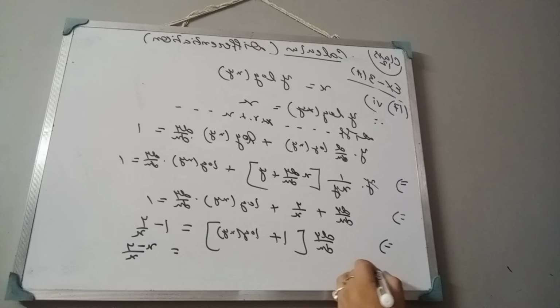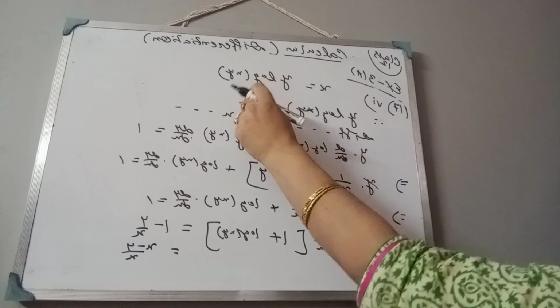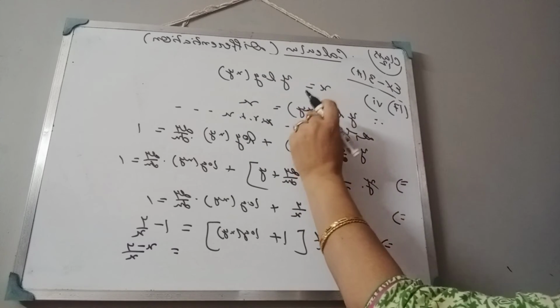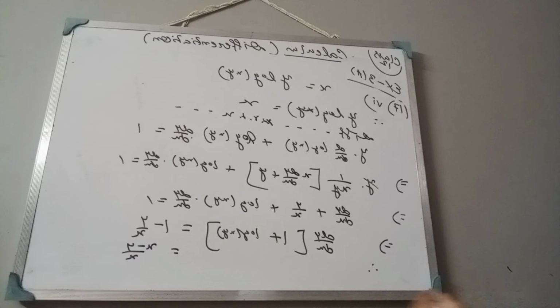And therefore, log xy means x by y. From here we can write log xy is equal to x by y. See this one, log xy equals x by y. So here instead of log xy we will write 1 plus x by y. Clear?